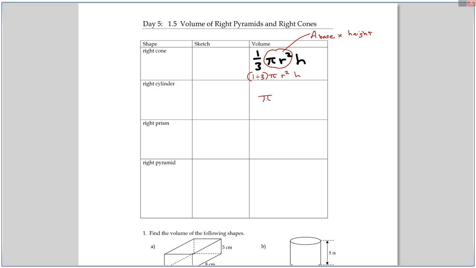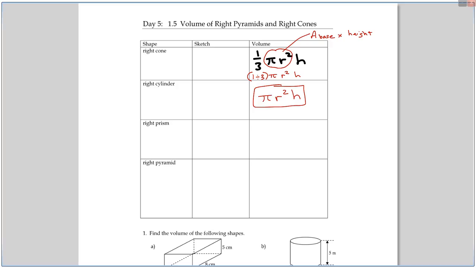Because what's the formula for a cylinder? Pi r squared h. It's right above you on your formula sheet. So it's the exact same formula for the cylinder, except for the cone, you basically just divide by 3. That's what this 1/3 is at the front. It's 1/3 of the normal cylinder would be. Okay? And remember what volume is. Volume is 3-dimensional space.